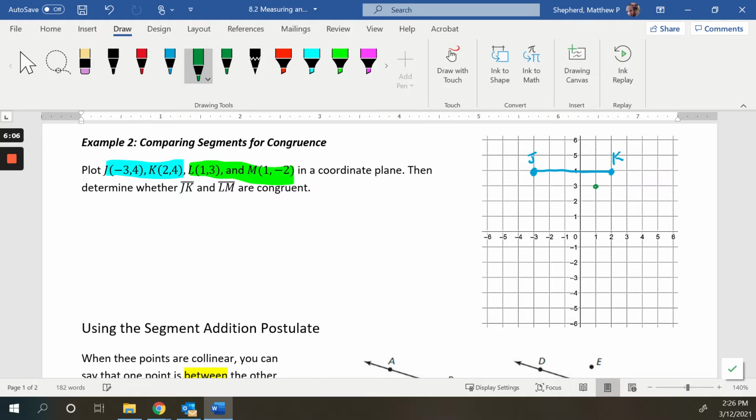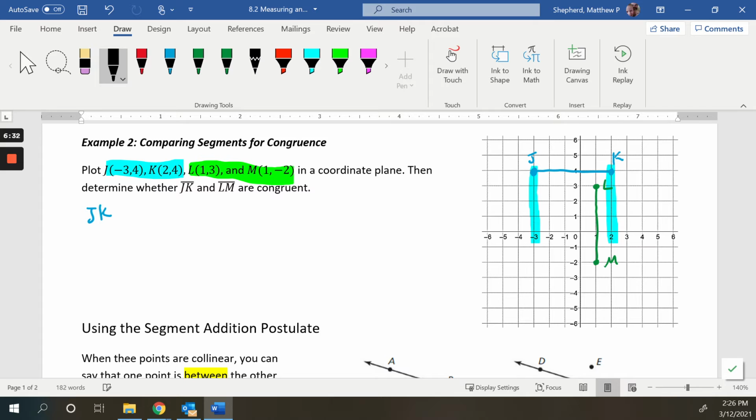Next, L and M. L was at 1, 3. M was at 1, -2. Draw the line. Now in order to find the lengths of these, we can use our ruler postulate still. We've got a line in which the dots correspond with a specific number.